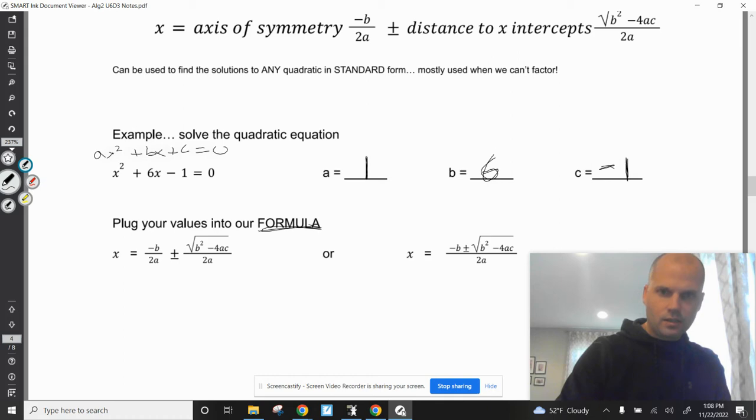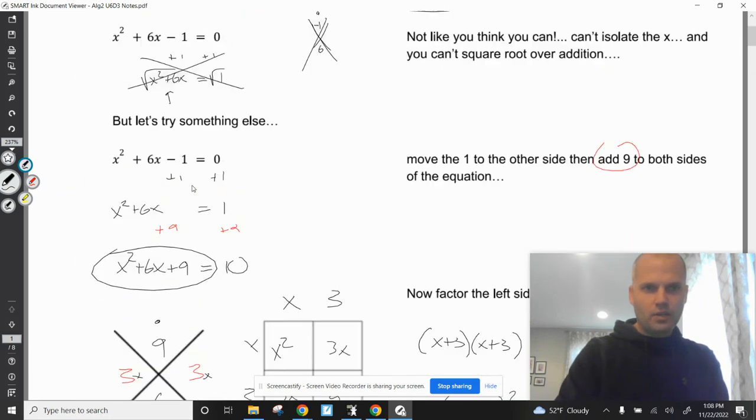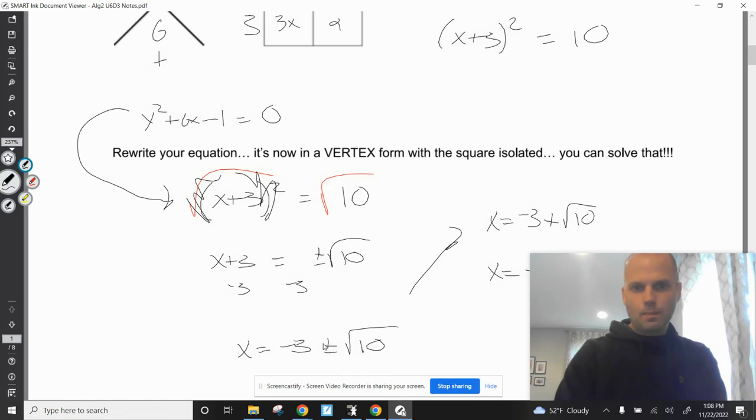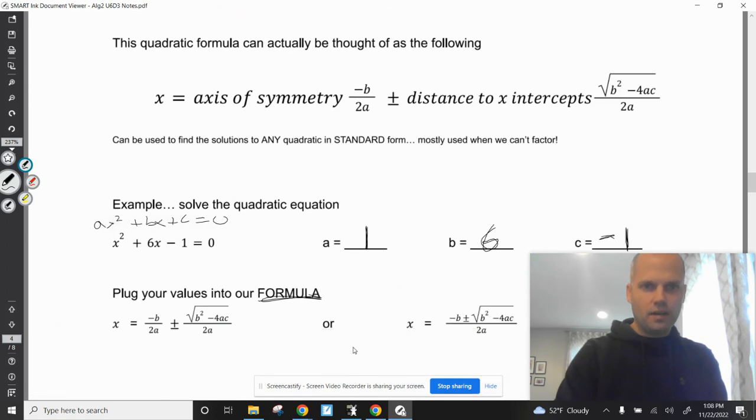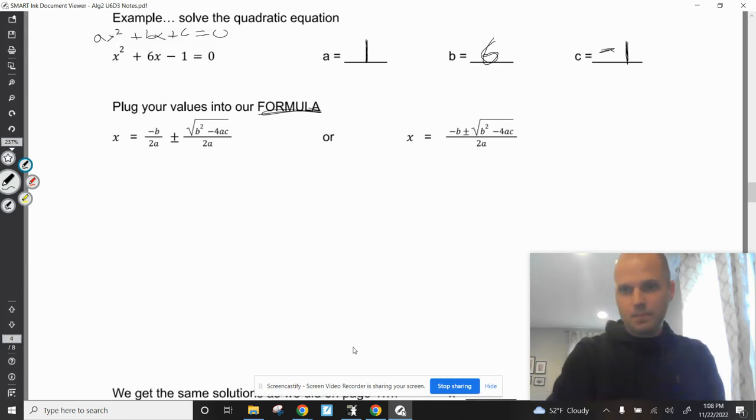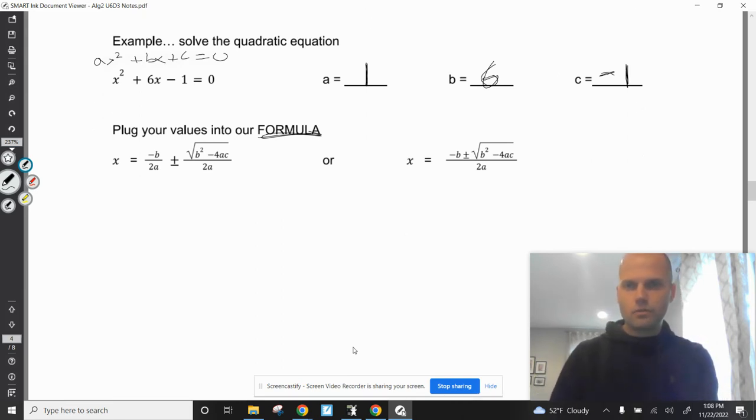Now, watch this. We've already solved this in just like that special way on the first page. We got -3 plus or minus root 10. Okay, -3 plus or minus root 10. Let's get those same solutions, -3 plus or minus root 10, a different way. All right, have your calculator ready.